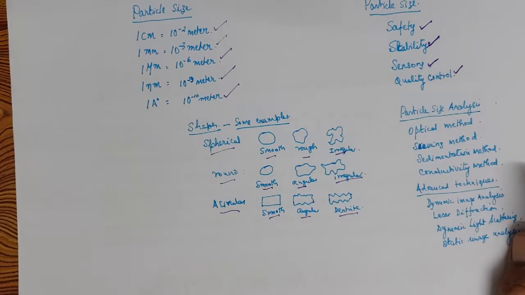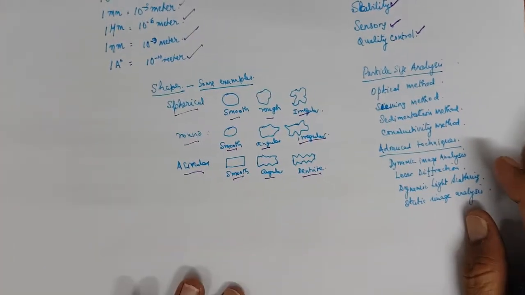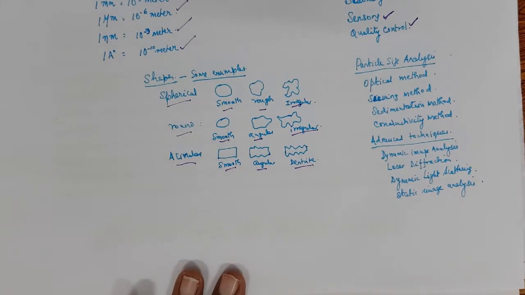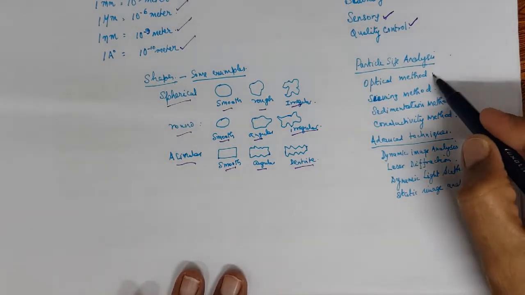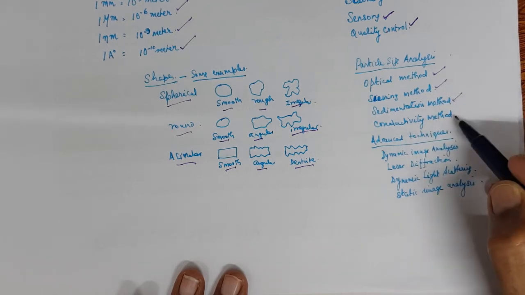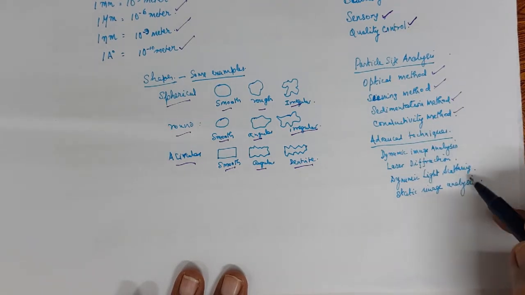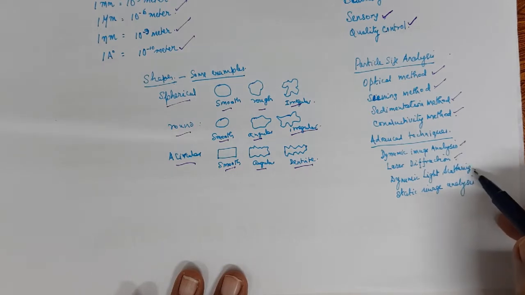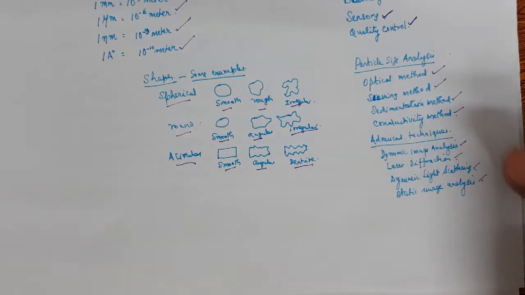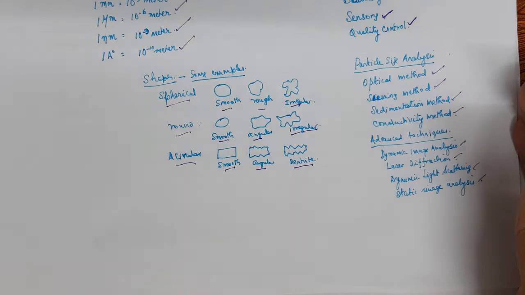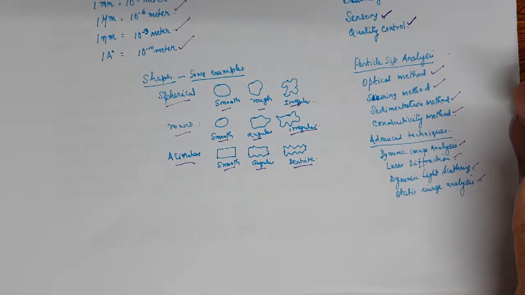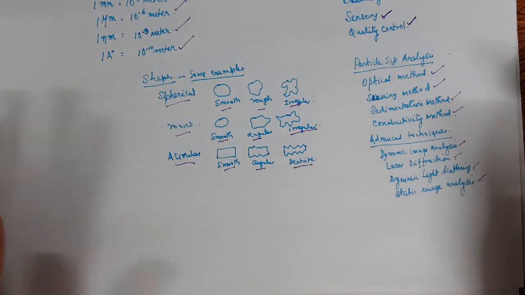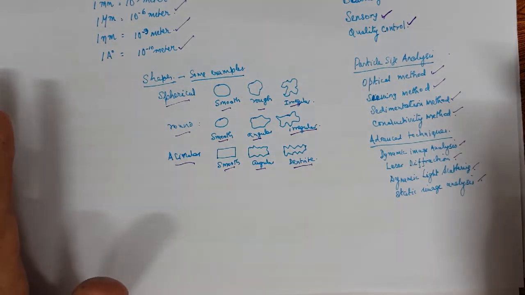There are various methods by which particle size can be analyzed: optical method, sieving method, sedimentation method, electrical method. Some of the advanced techniques are dynamic image analysis, laser diffraction, dynamic light scattering, static image analysis. We will see some of these, and what I'm going to do is only introduce some of these methods.